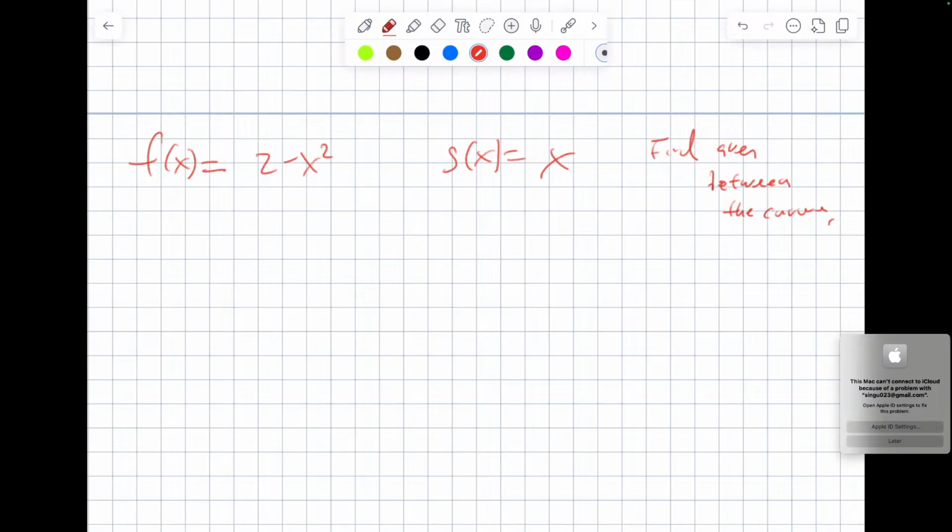Okay, so I'm going to start sketching this graph. We know negative x squared is a parabola facing down. So it's a parabola facing down, so it's like this.